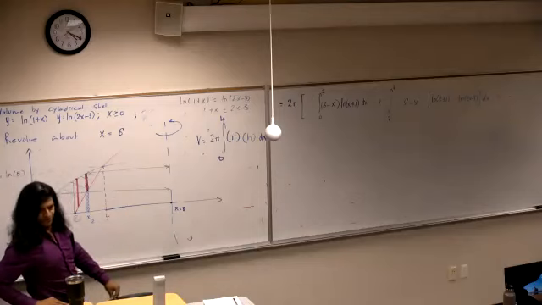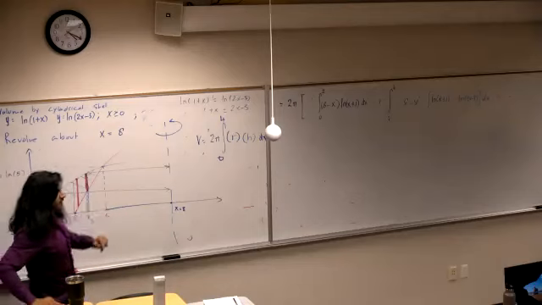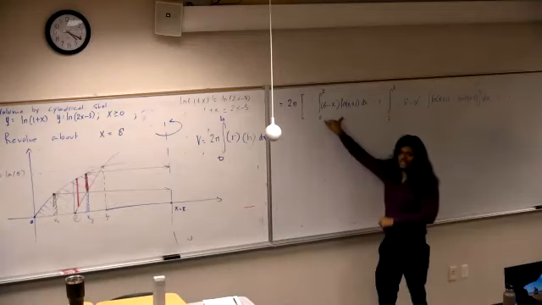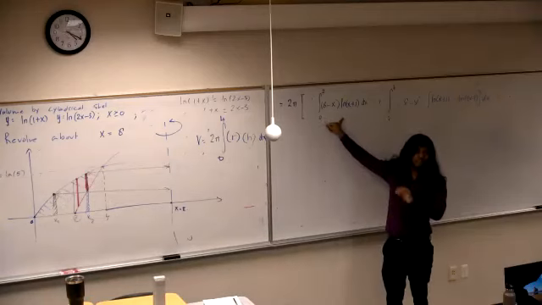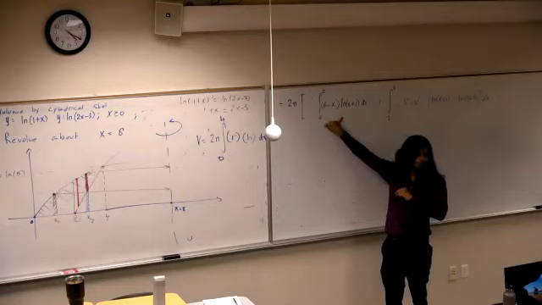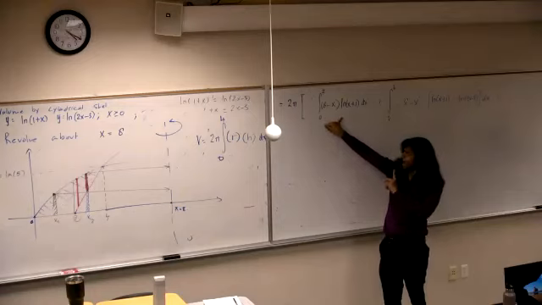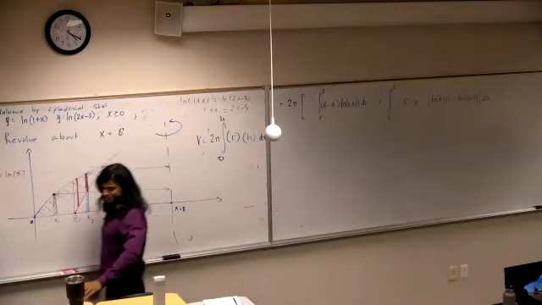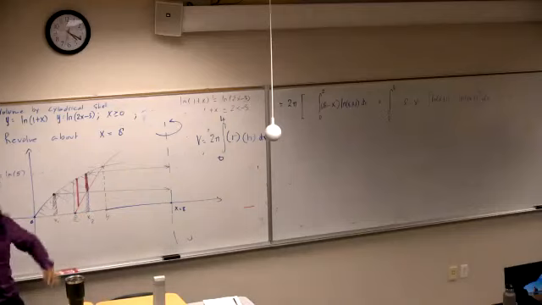It's not there. Yes? 2 functions multiplied together. The only way to integrate this is integration by parts. So when we come next time on Wednesday, I'm going to start integration by parts, get the solution. So don't lose it.